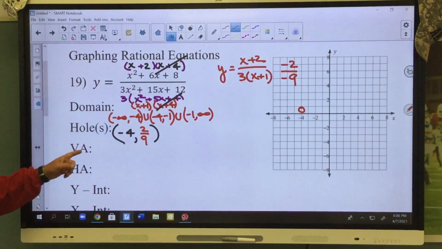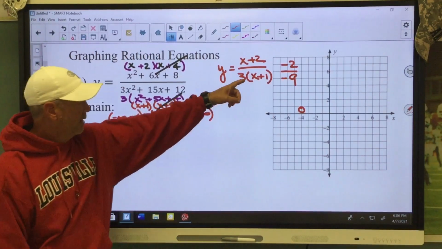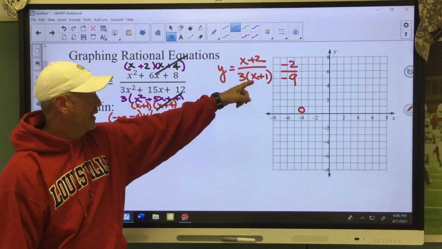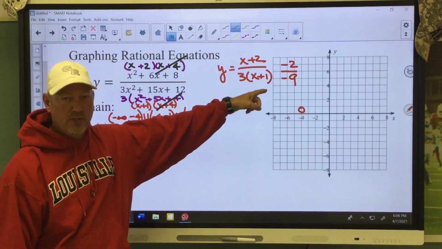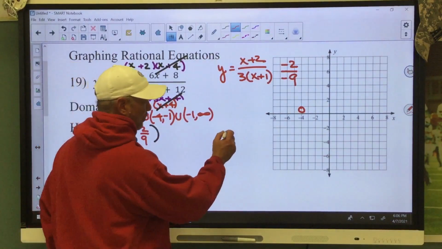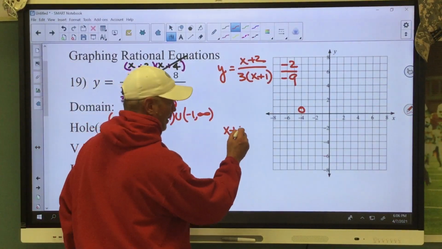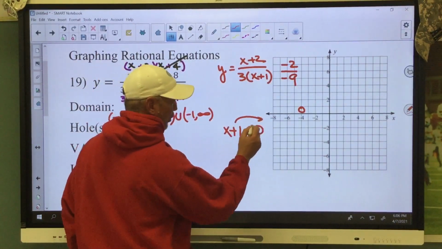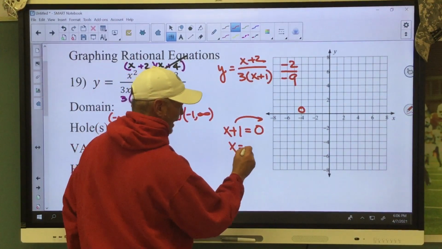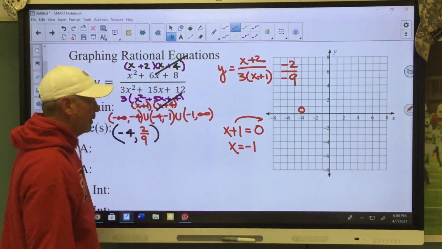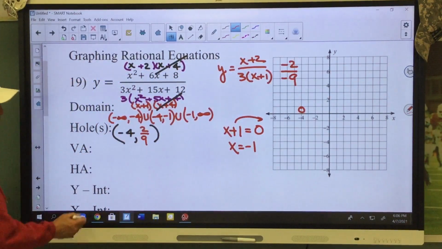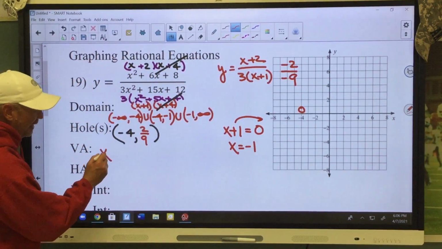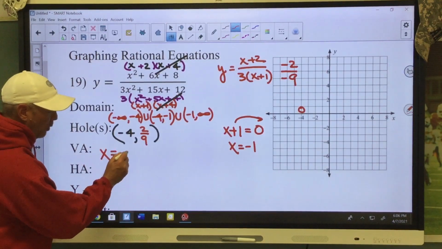To find my vertical asymptote, we take the reduced part and set that factor equal to 0. We're going to say x plus 1 equals 0. We move the 1 and get x equals negative 1.